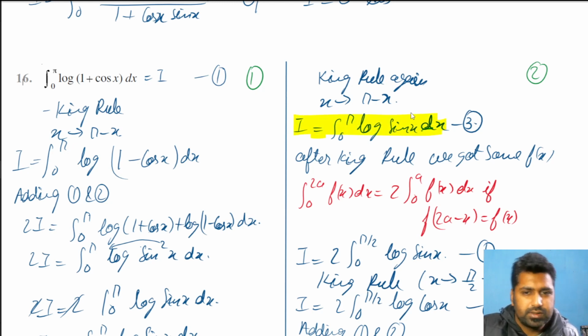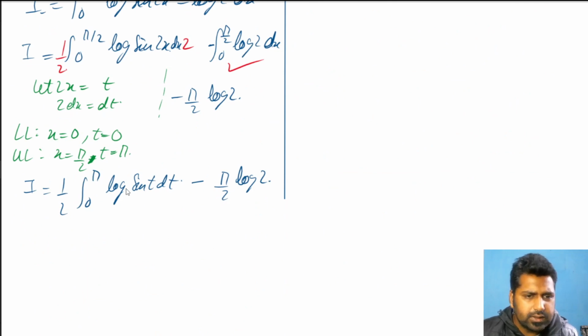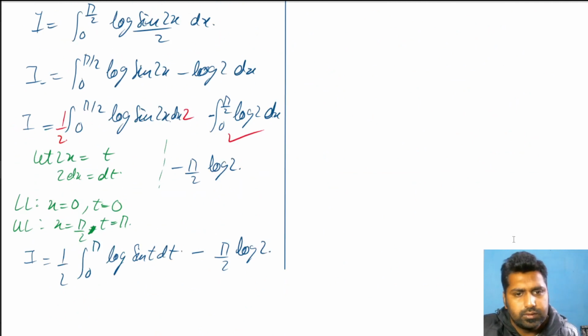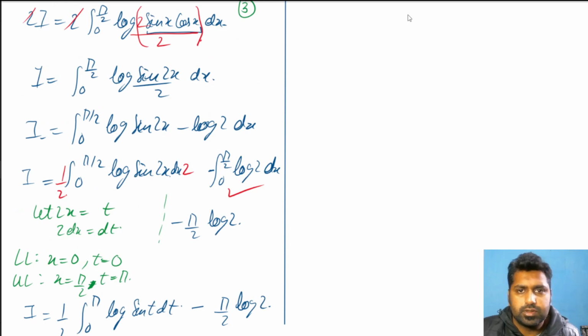I'm going to use this. Right now it's log sin t dt. There is something you should know, again a property. Integration a to b f(x) dx is the same as integration a to b f(t) dt.